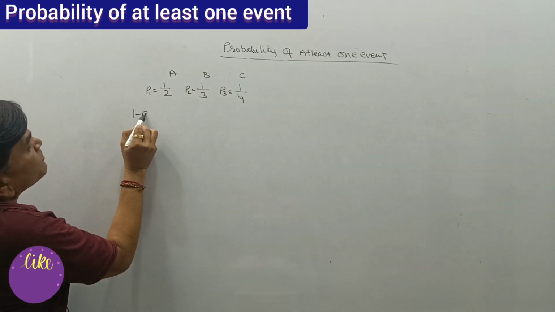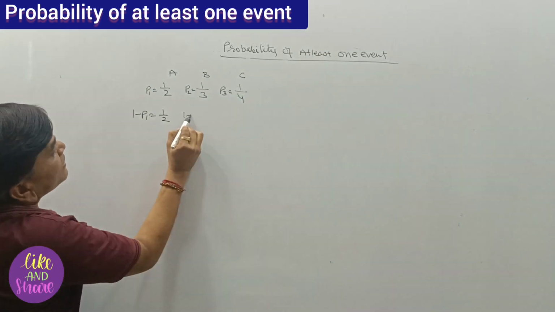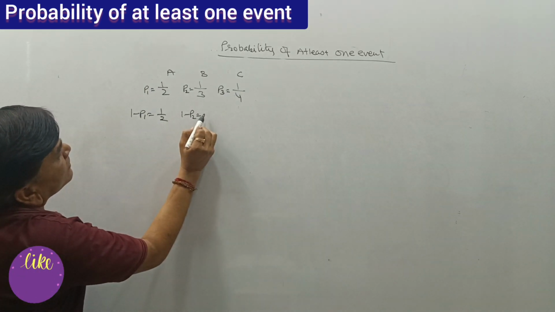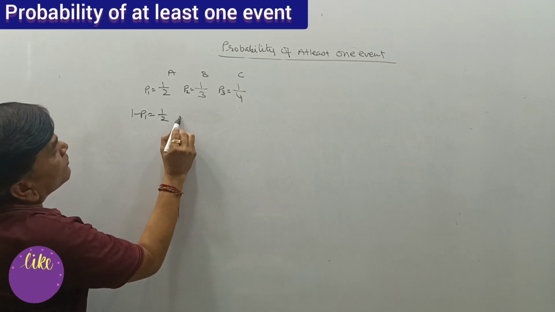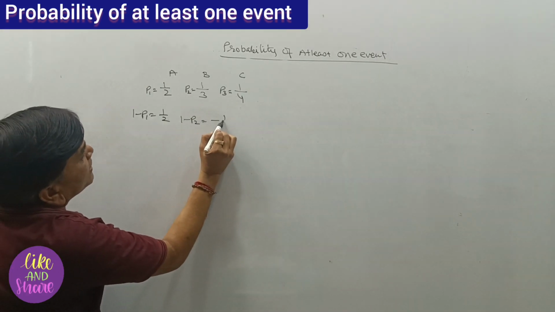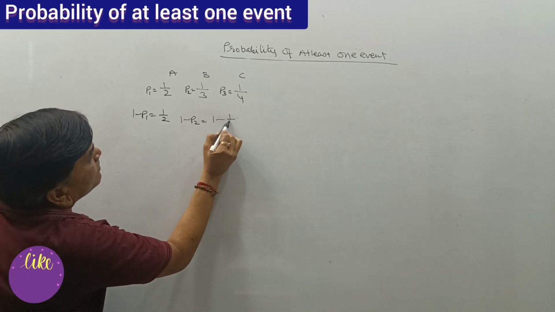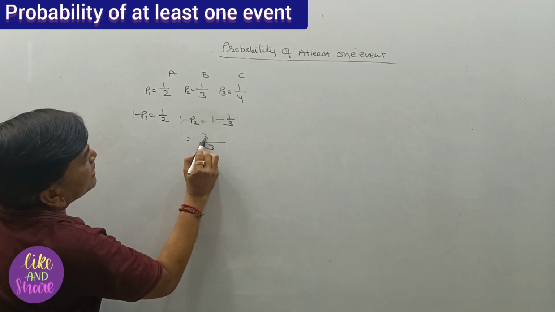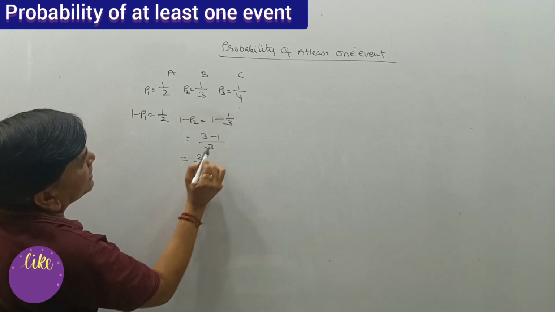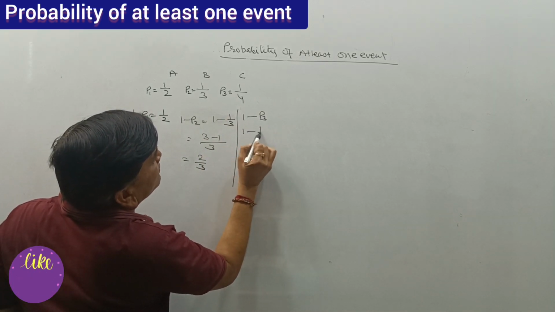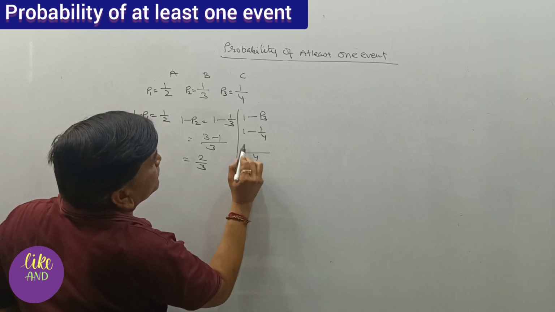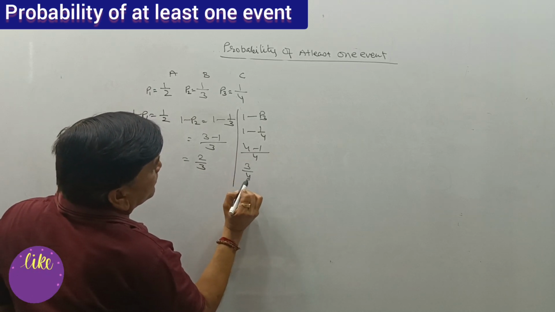So 1 minus P1 is 1 by 2. 1 minus P2 is 1 minus 1 by 3, that is 2 by 3. 1 minus P3 is 1 minus 1 by 4, that is 3 by 4.